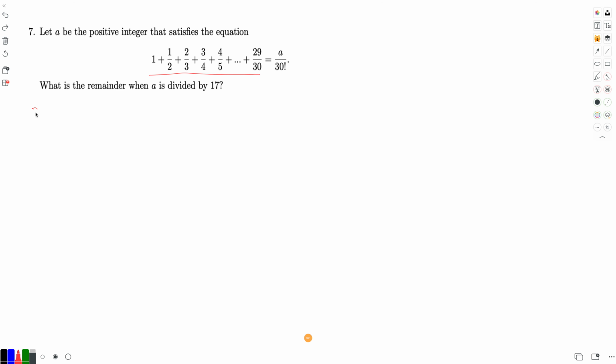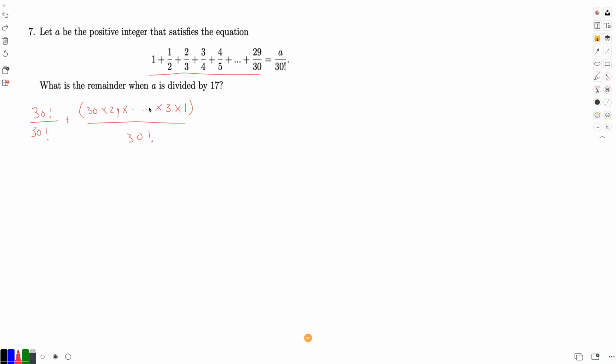We know that 1 is 30 factorial over 30 factorial. For 1/2, we want to exclude the 2 in the numerator, so we have 30 times 29 times 3 times 1 over 30 factorial.